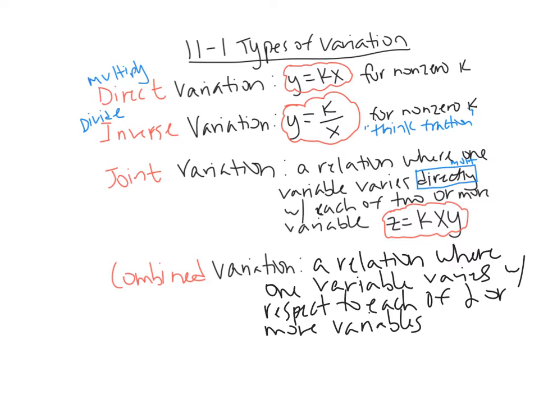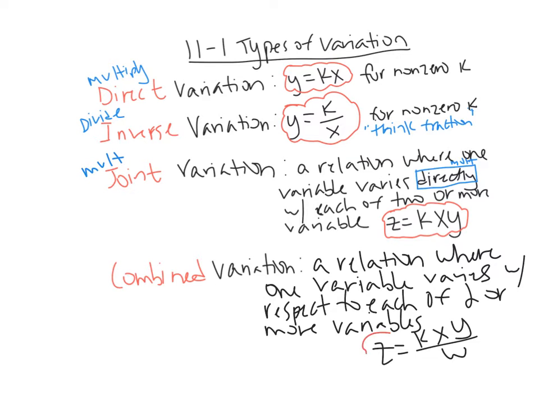So that means, with joint we just have multiply. With combined, we're going to have multiplication and division. Its basic form will look of the nature z equals k times x divided by, let's say, xy divided by w.